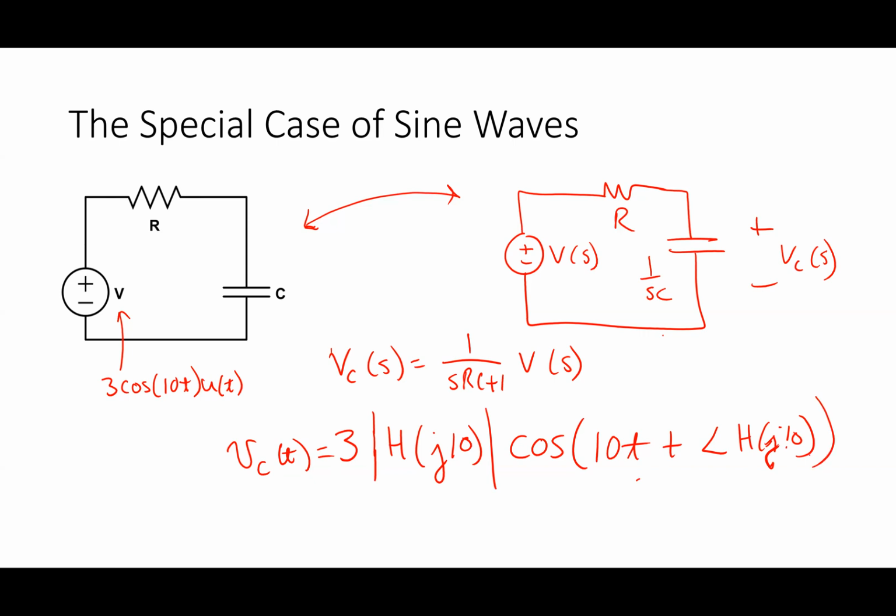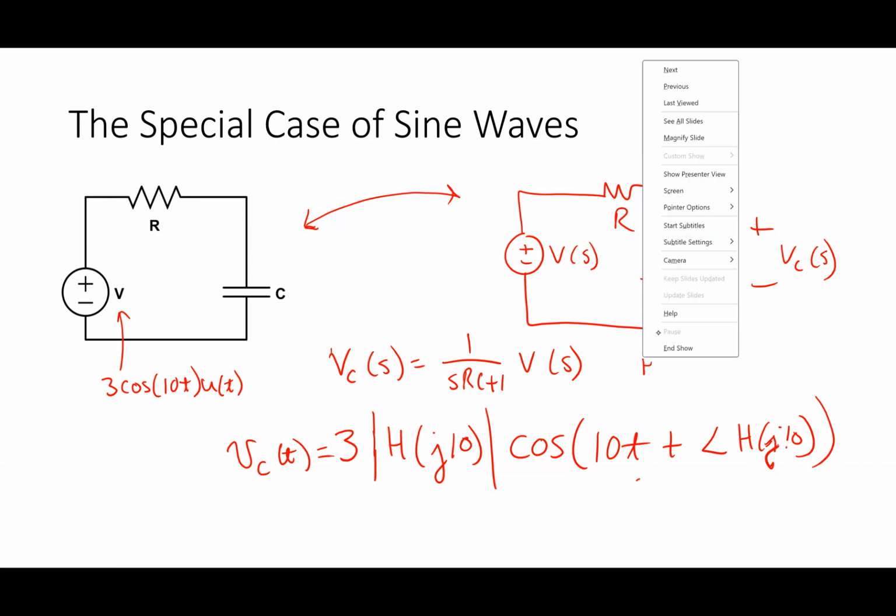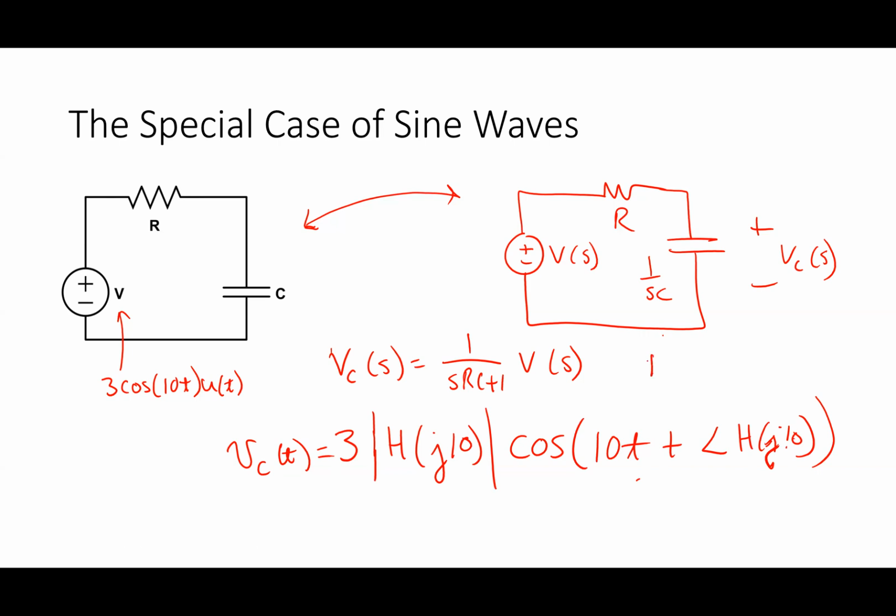So what I'd have to do here is solve for H of j10, where my H of s is equal to 1 over sRC plus 1. I would basically plug in s equal to j10. So this would become 1 over j10 RC plus 1.